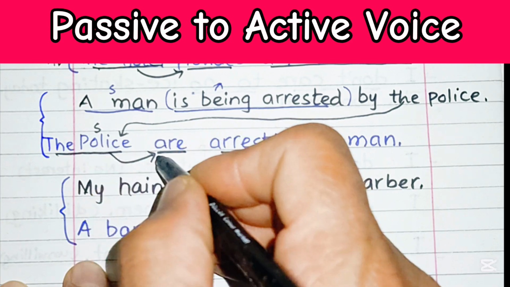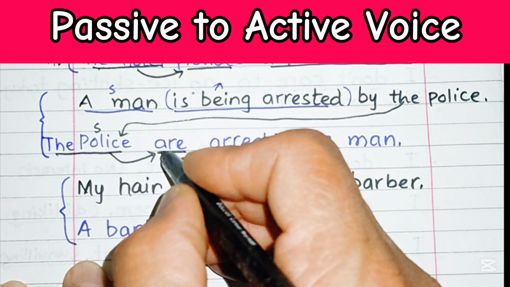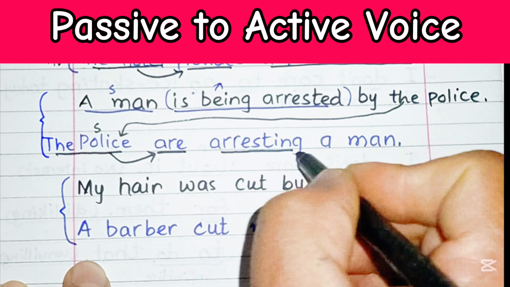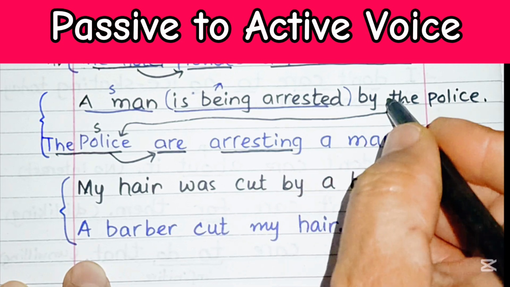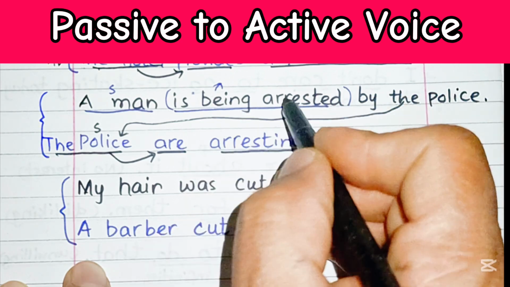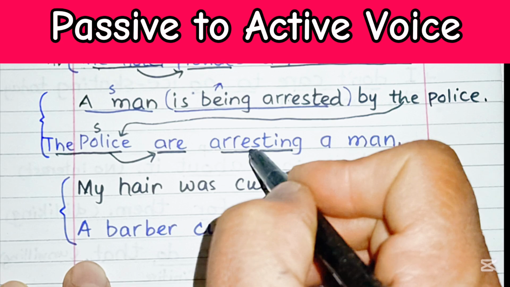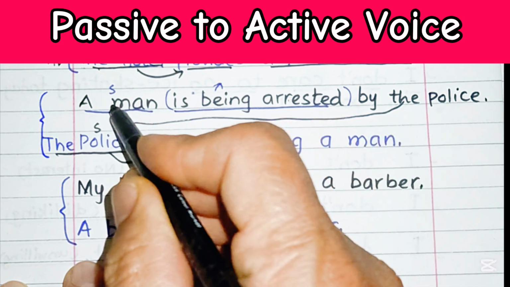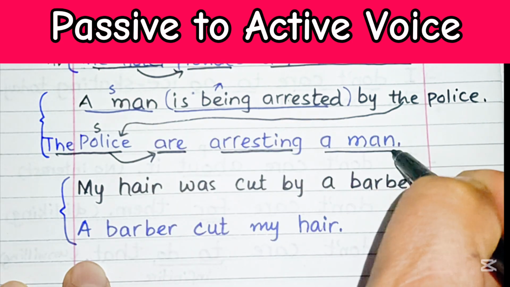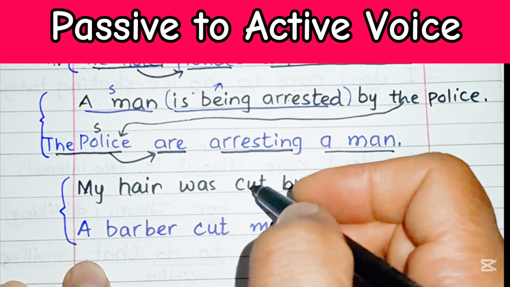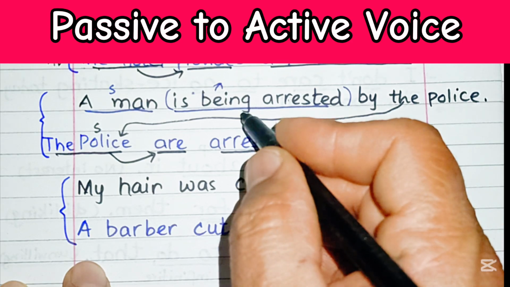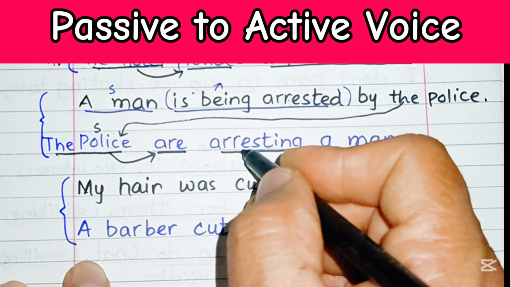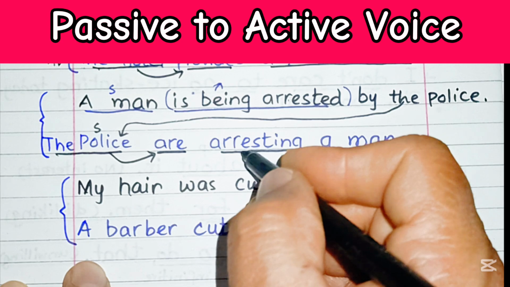The police are arresting a man. The police are, and then present continuous of arrest is arresting, and then this will go here just after arresting. This is the passive voice, whereas this is in the active voice.